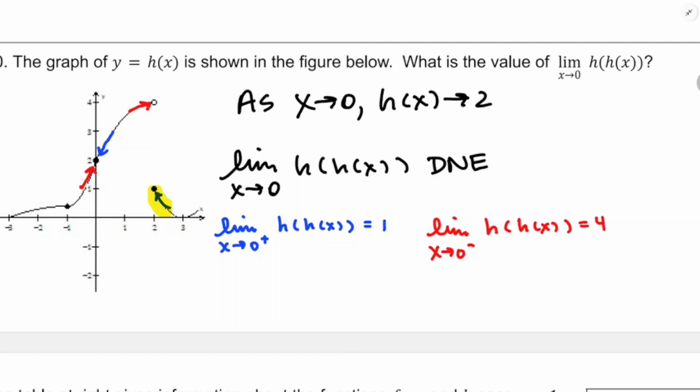These are not equal to each other. So I'm just going to get my answer. This does not exist. I can put a not equals there, and then I have not said anything that's untrue.